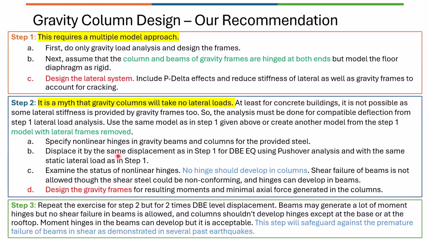So this step 2 is of 2 cases. And then in the last step, we will repeat the exercise with 2 times DBE level. This step will safeguard against the premature failure of beams in shear, as demonstrated in several past earthquakes.